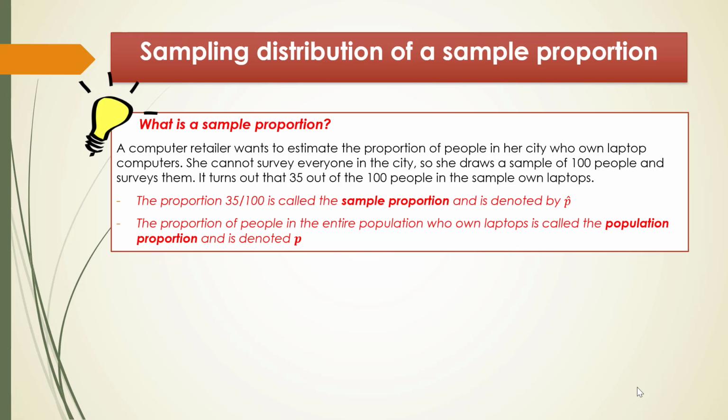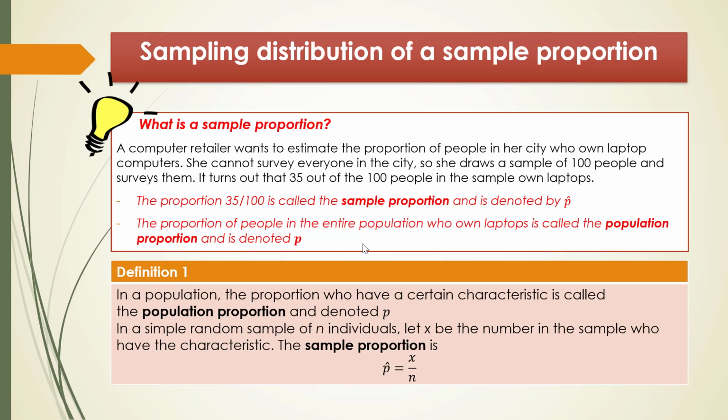And the proportion of people in the entire population who own laptops is called the population proportion and is denoted by p. Here p is unknown. We don't know about the population. We take a sample and we know the sample proportion, but we don't know the population proportion yet.